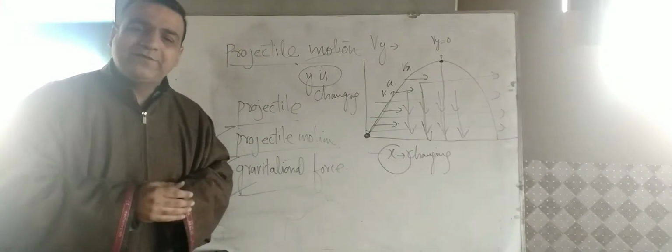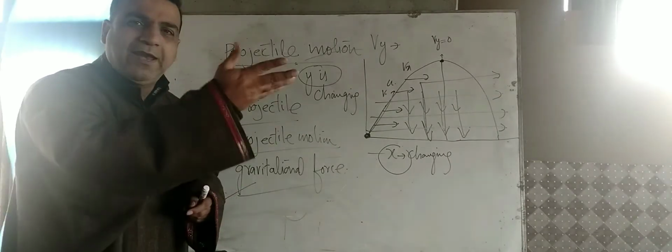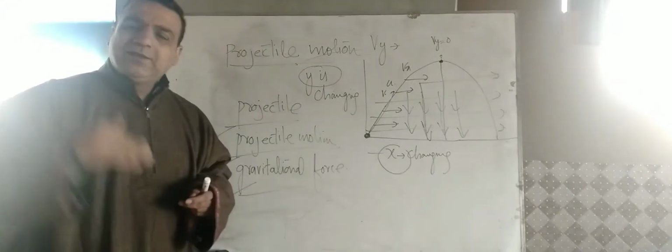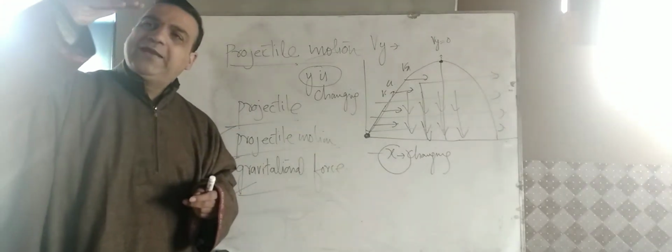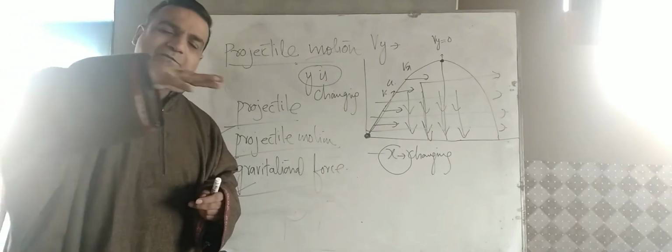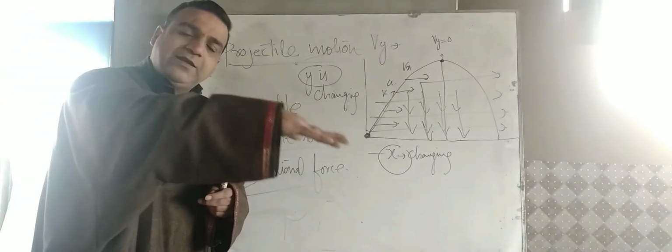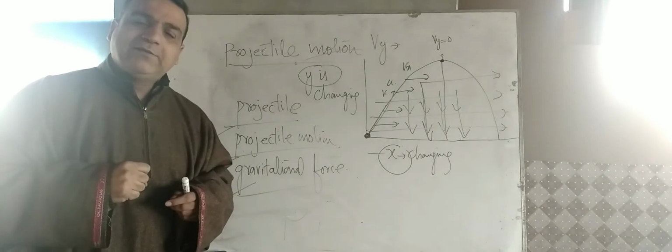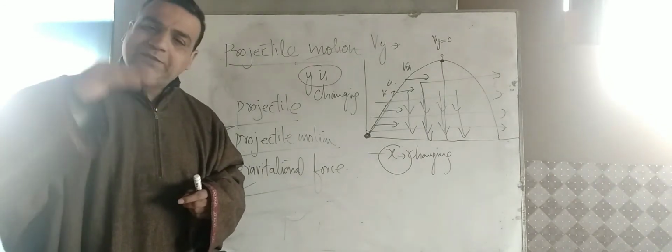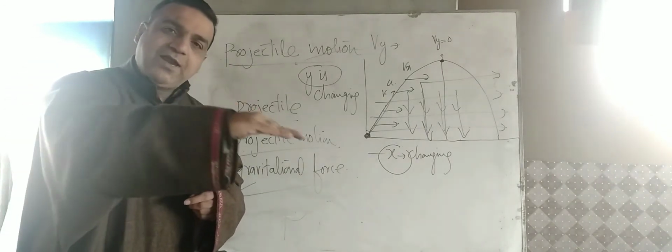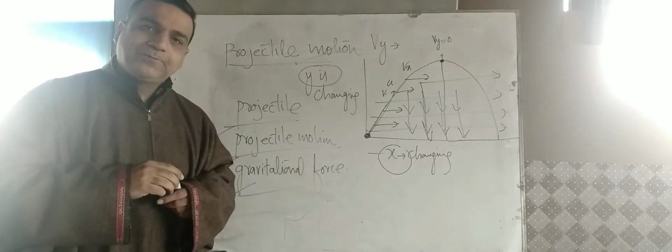There can be a variety of examples of projectile motion. A ball thrown in air is a projectile motion. An airplane moving in air and leaving a bomb, the bomb will fall under the influence of gravitational force, so that bomb has projectile motion.